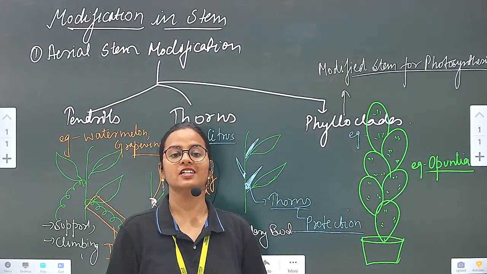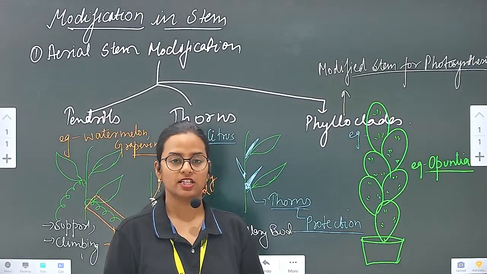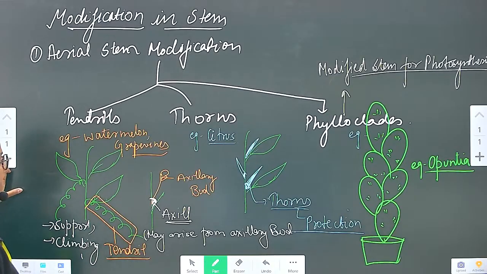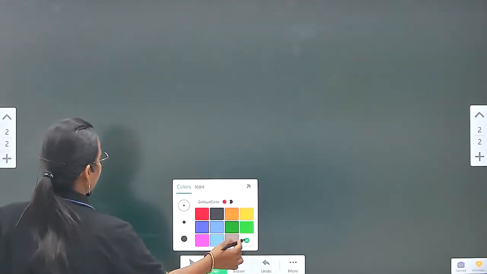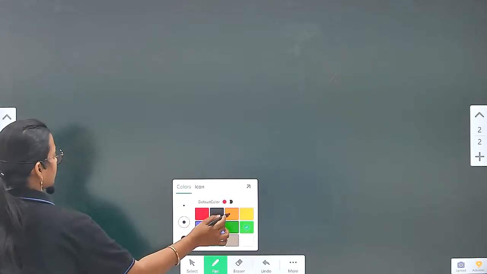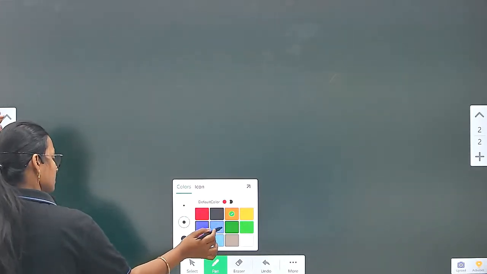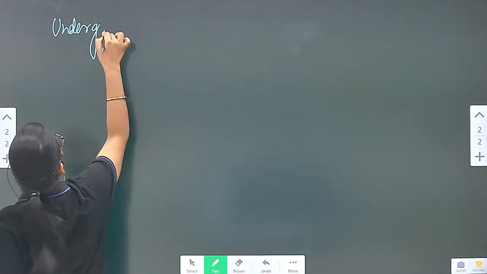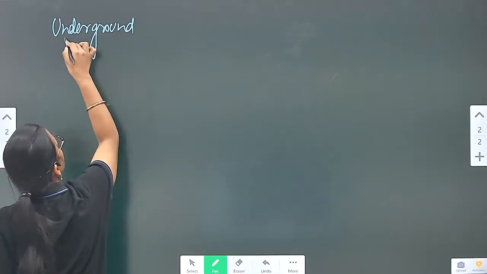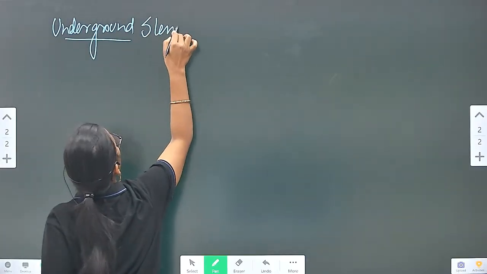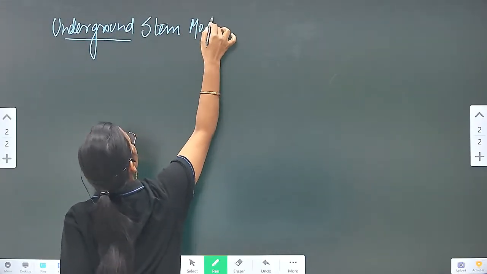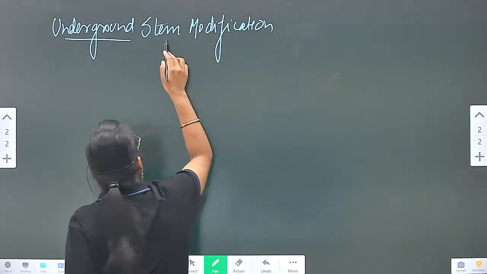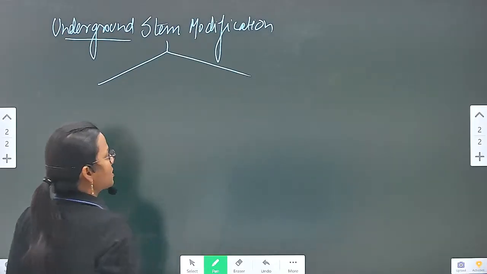Number two is the underground stem modification. Yes, let us proceed towards underground stem modification. In underground stem modification, we have just two structures.